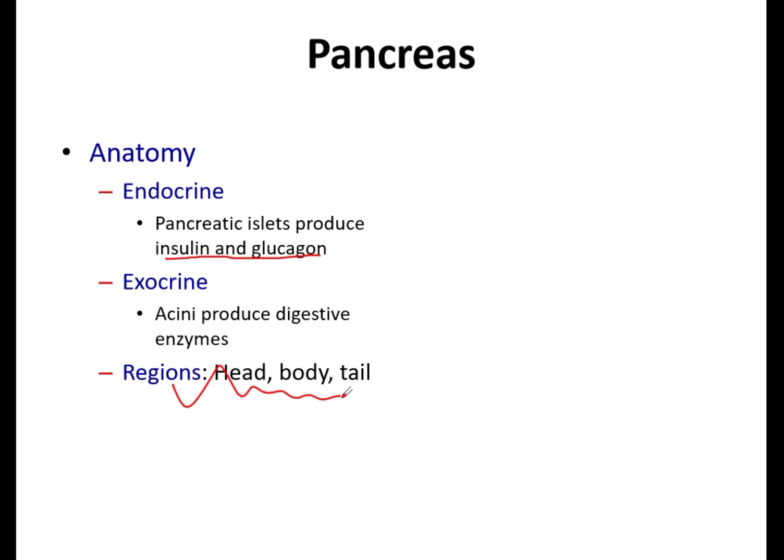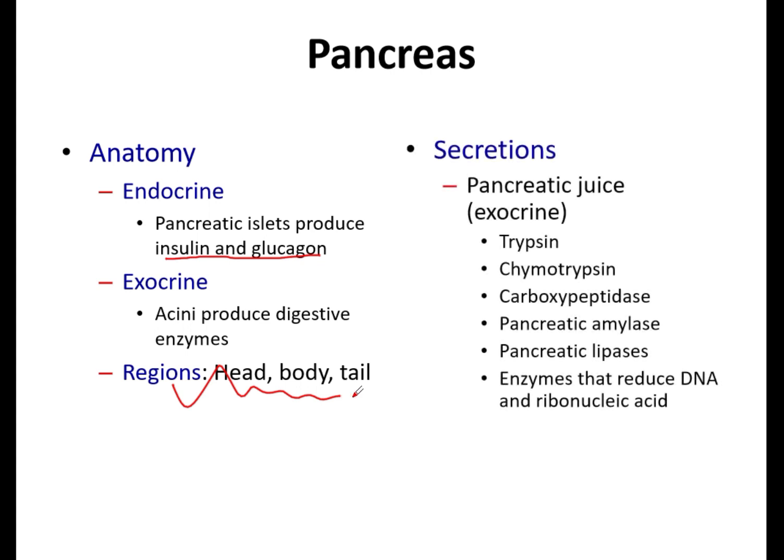It contains trypsin, chymotrypsin, carboxypeptidase, pancreatic amylase, pancreatic lipase, and enzymes that break down DNA and ribonucleic acid. So these are the secretions of the pancreatic juice, right?